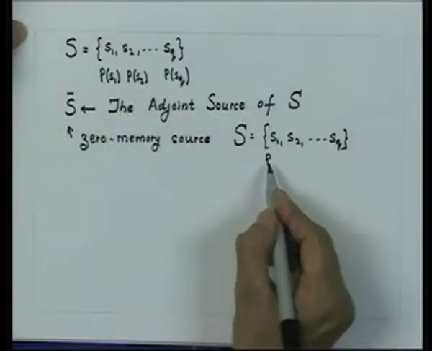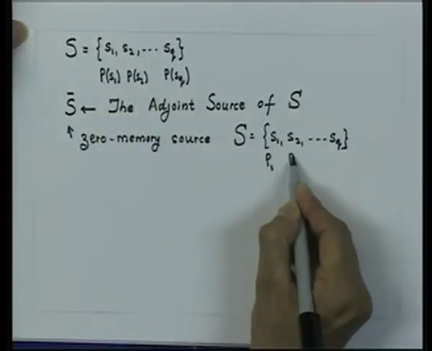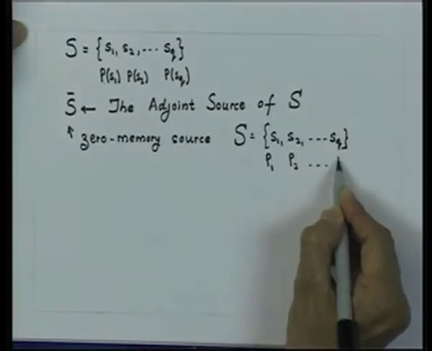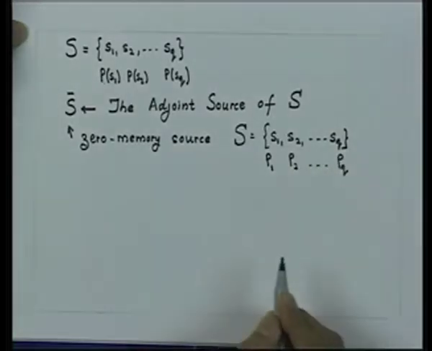I will denote this in abbreviated form as P1, P2 and PQ.